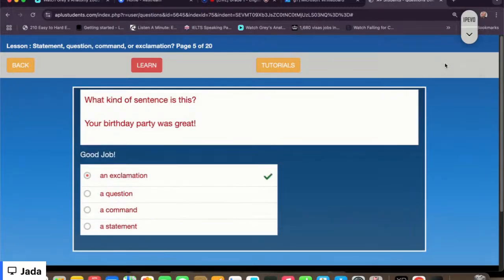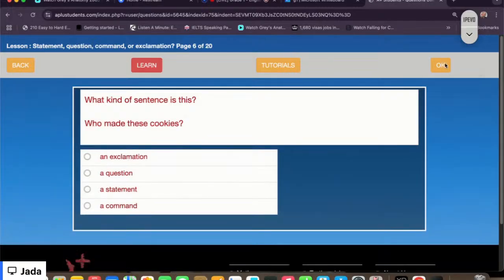Your birthday party was great. So, who made these cookies? What kind of sentence is this?